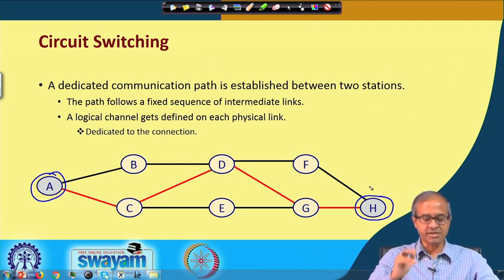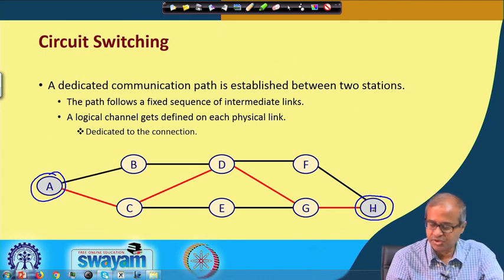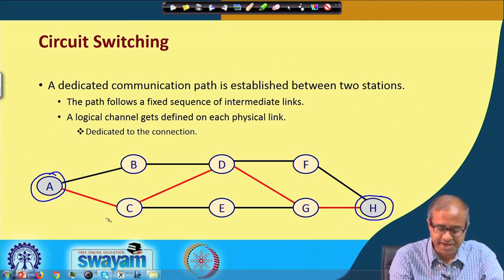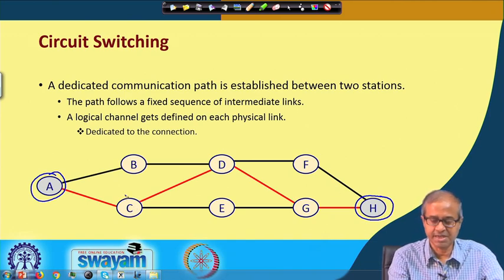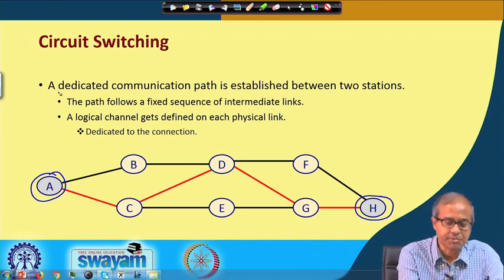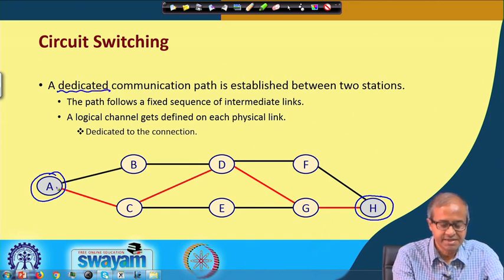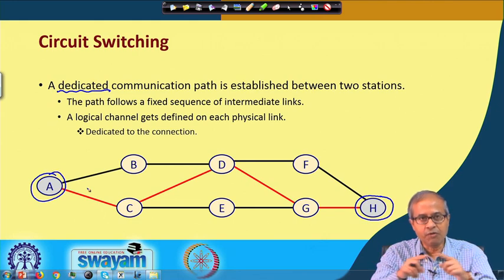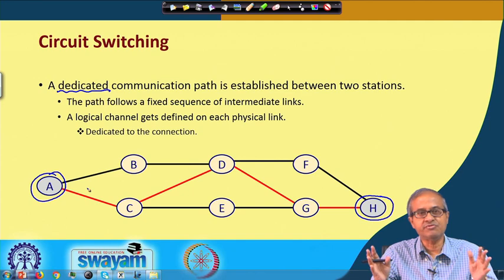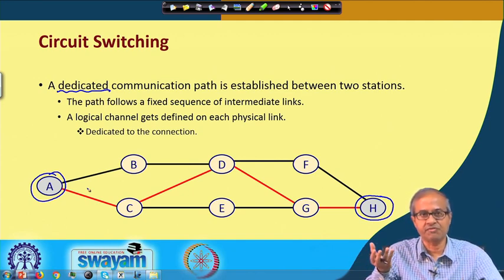Similar is the case here. Say whenever A wants to communicate with H, some dedicated path, here it is marked in red, you can see via C, D and G possibly. This path will get established, and this path will be dedicated, meaning during the time of data communication, this dedicated path will be used for sending this information, chunks, bits or whatever you are sending.